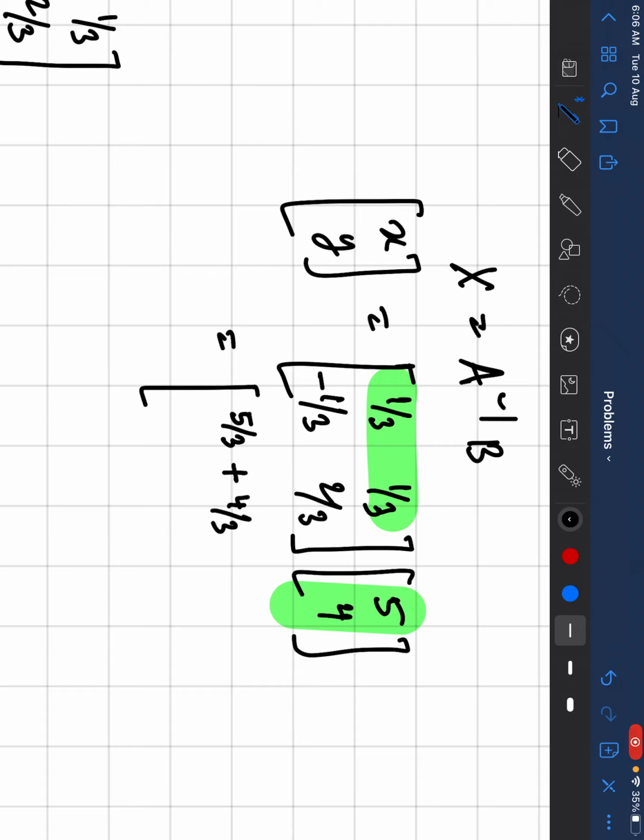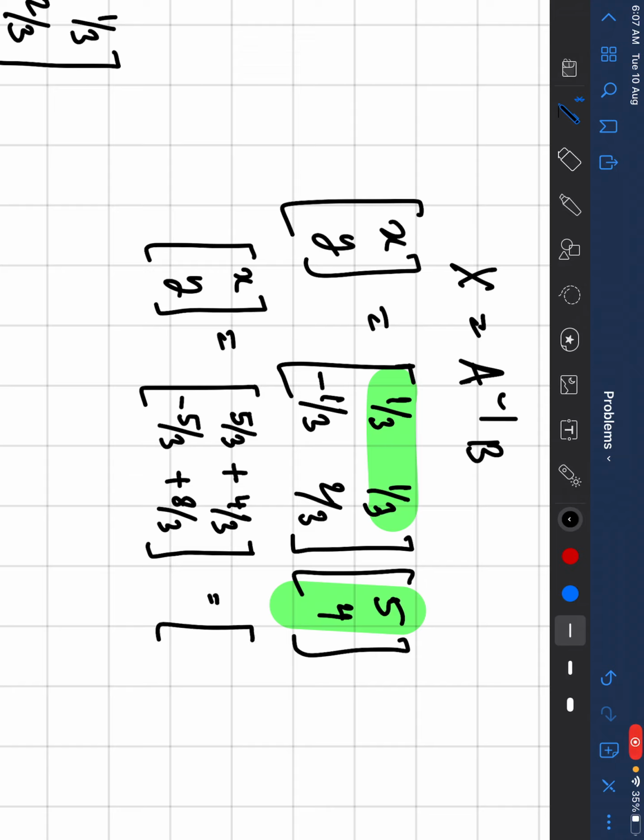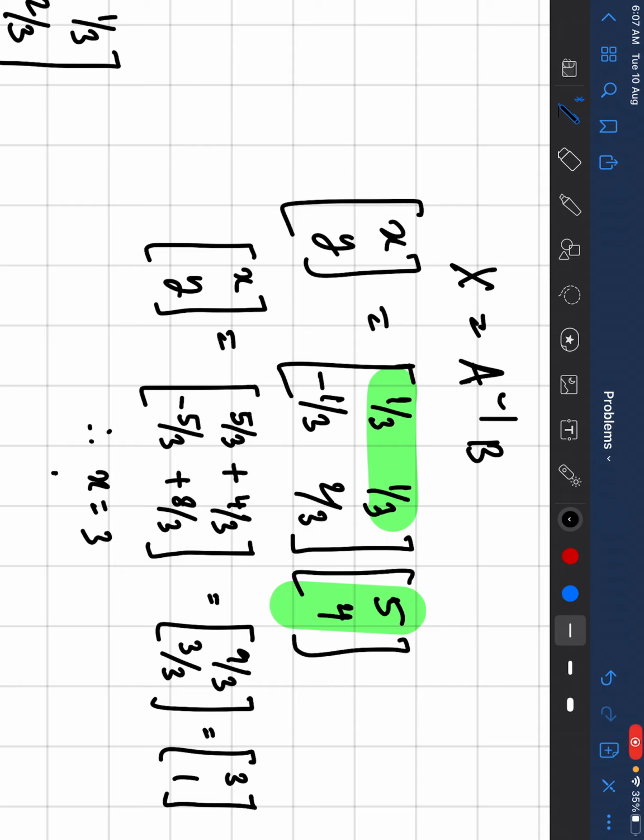And then the next one, minus 5 by 3 plus 8 by 3. So let's do this one fast. X, Y. We are getting 9 by 3 in the first, and 3 by 3 in the second. So basically we are getting 3 and 1. Therefore x is equal to 3 and y is equal to 1. So this is how we find the values of x equal to 3 and y equal to 1.